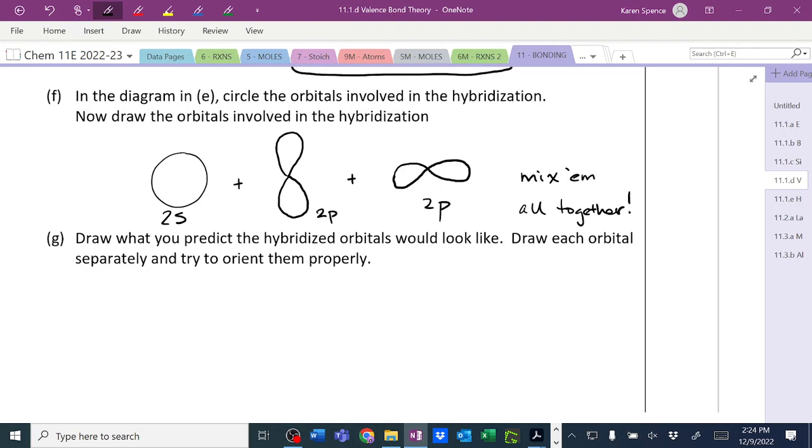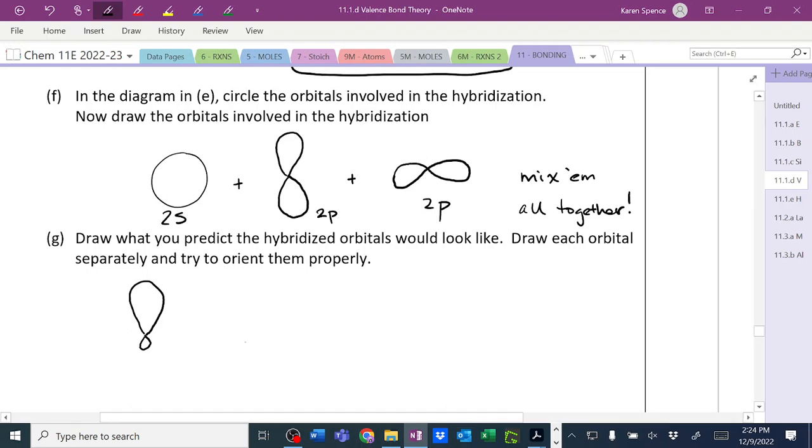What do they look like? What do you think? Each of them should have how many lobes? 2 lobes. So we might have one that goes like this. What would the other lobe look like? Small. Now, what direction should the next one point?